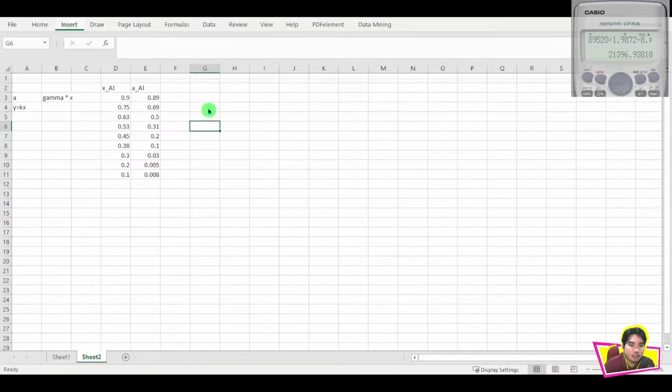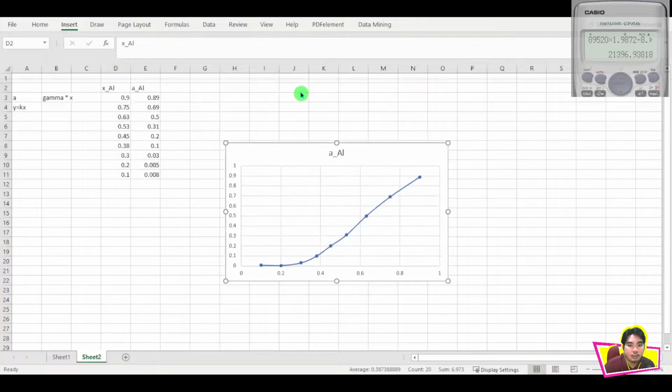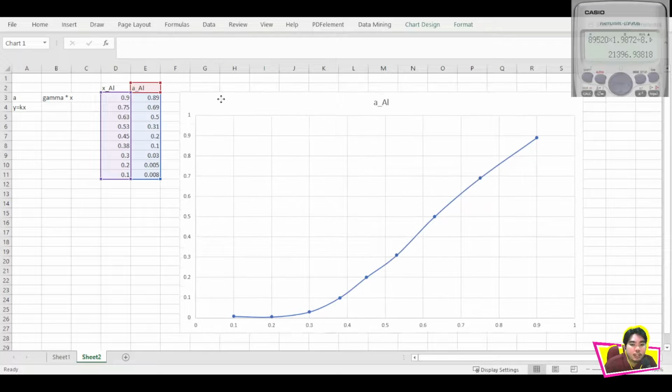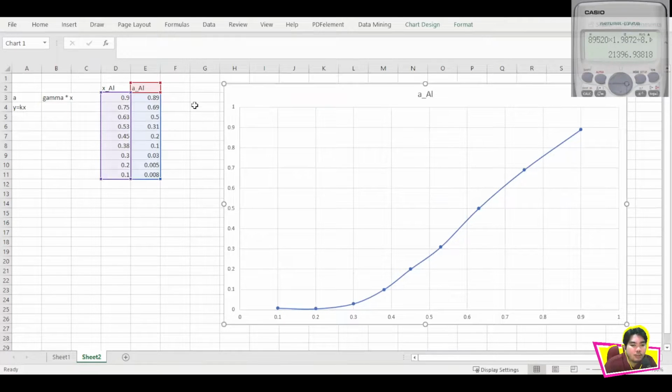Okay, so let's insert a chart. Ito, insert tayo ng chart. Scatter plot na ganyan. Okay? So, this scatter plot is, ito yung activity niya on the y-axis versus the molar fraction niya. So, if we want to get the activity, then there are many ways to do this, no?